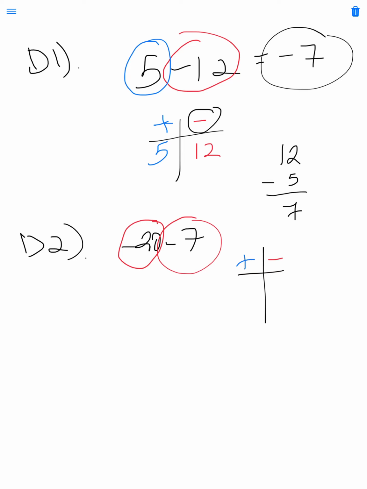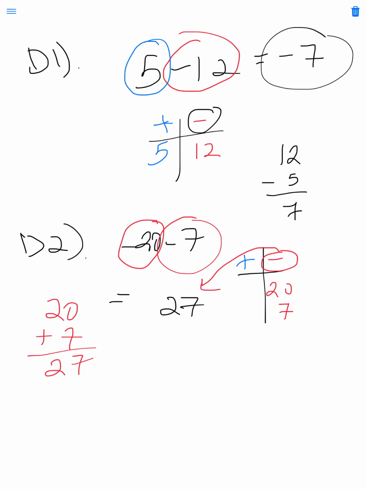I don't have a single positive answer, but I do have a negative 20 and a negative 7. So I'm actually going to end up adding those together. So it's going to give me 27. But remember, we have to take the sign of who's winning. So my answer would be negative 27.